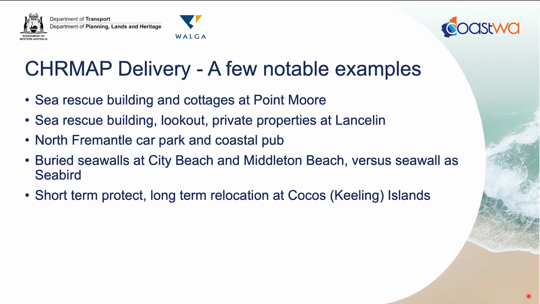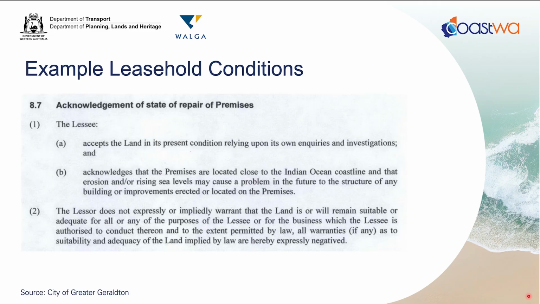It's likely to include some sacrificial protection measures, seawalls, and sand nourishment potentially, that decision makers know will be impacted by coastal hazards in the medium term, but it is a recommendation of the CHRMAP for short-term protection and long-term relocation. Here is an example of some leasehold conditions.